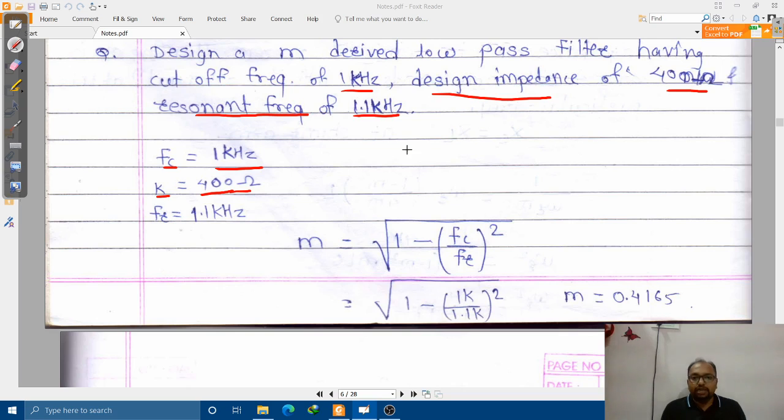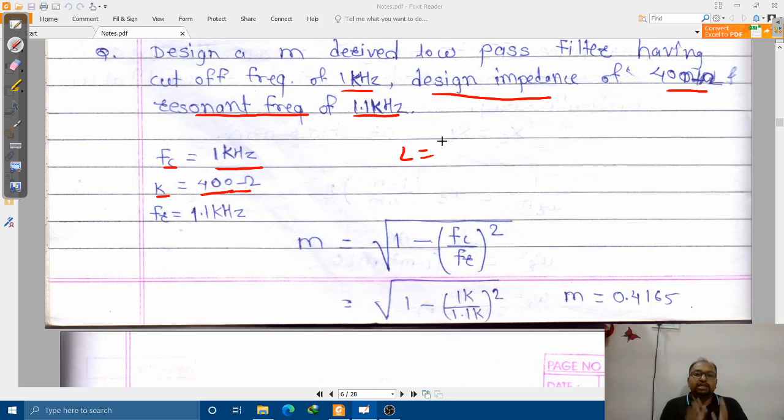Remember that the formulae you are going to use for the low pass filter are the same as those of your constant K low pass filter, because this M-derived filter is derived from the constant K filter. So whatever formulae for inductor and capacitor we used for the constant K low pass filter, the same formulae we are going to use for inductor and capacitor.